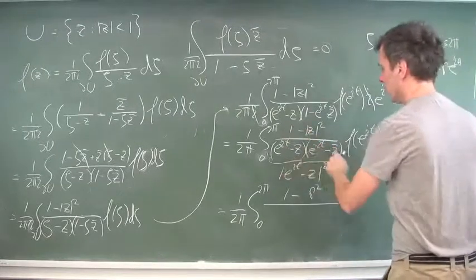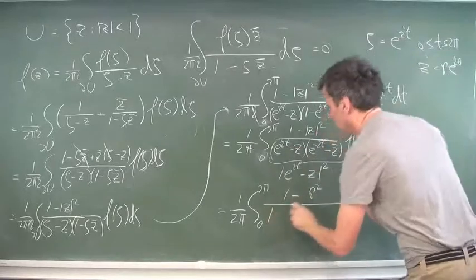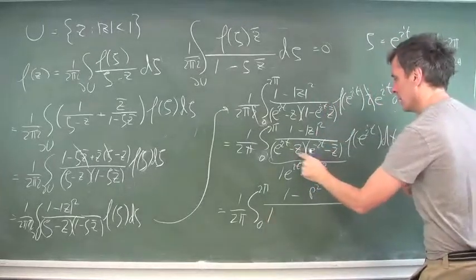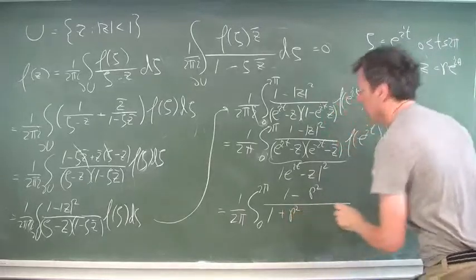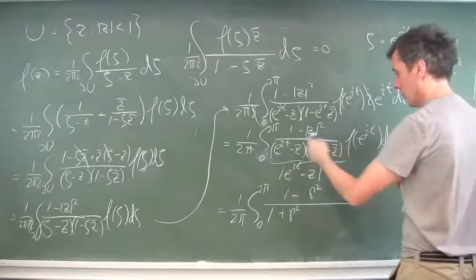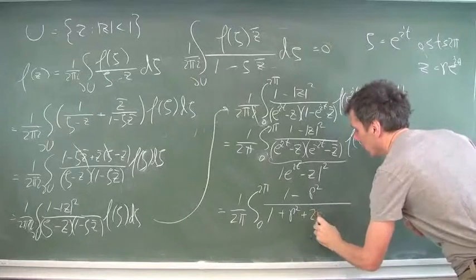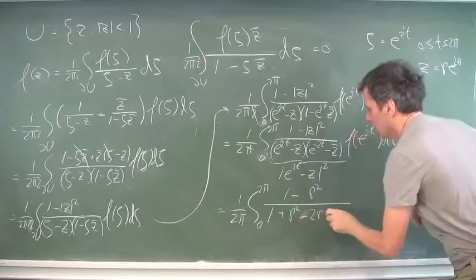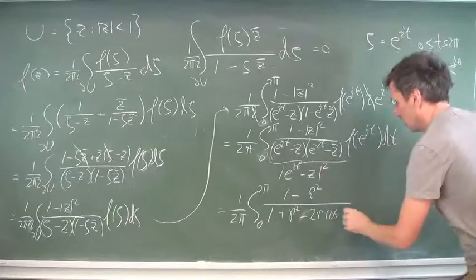And if you just compute this product down here, you see that this times this will be 1, this times this will give you r squared, and the cross terms will actually turn out to be real, and what you get is just minus 2r times the cosine of t minus theta.